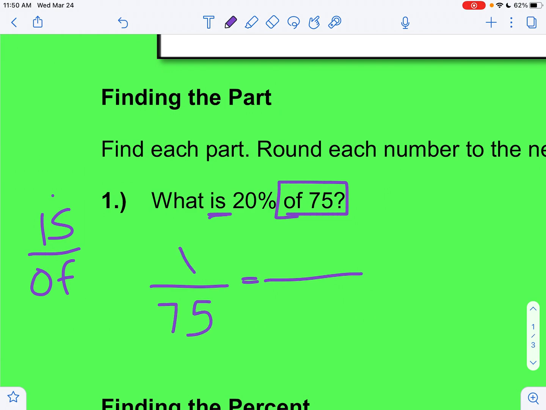That's our whole. We don't know what the is, so that's our x. And then the second one, I think, is the easiest ratio to set up because they give us 20%, and we know it's always over 100. So our second fraction is super easy to set up.